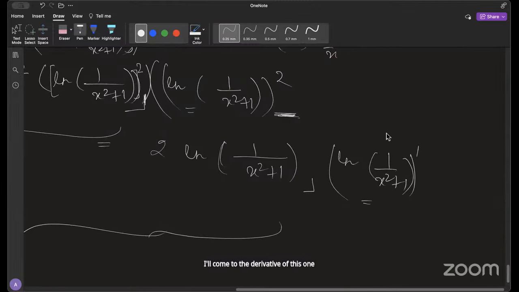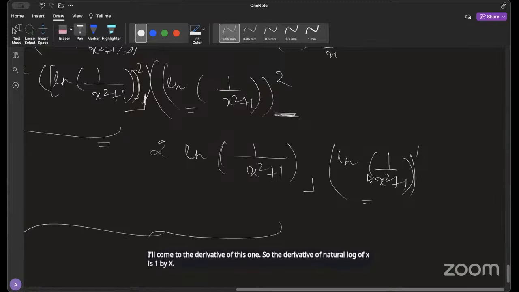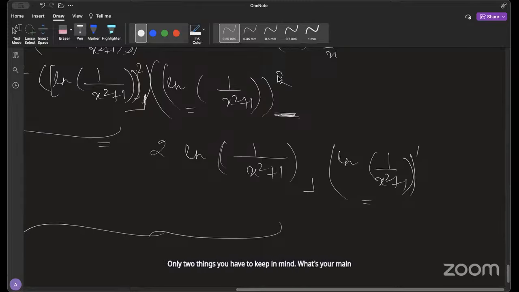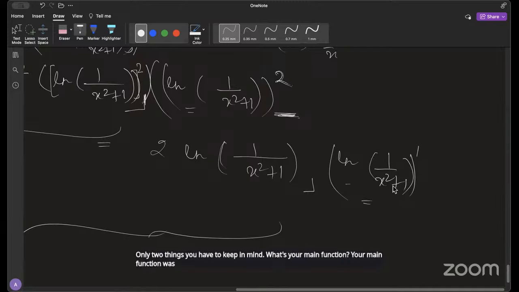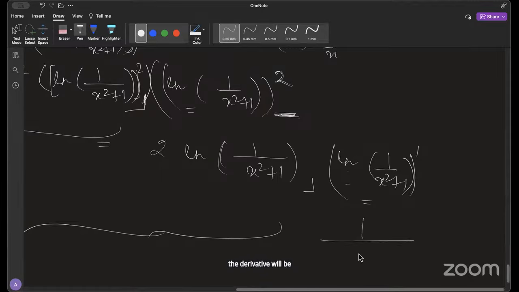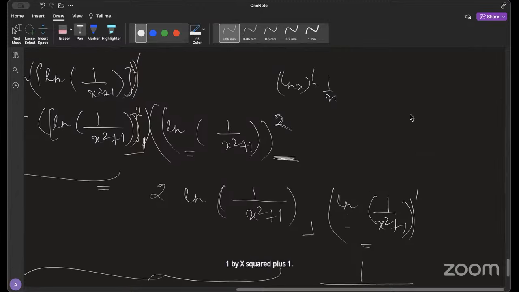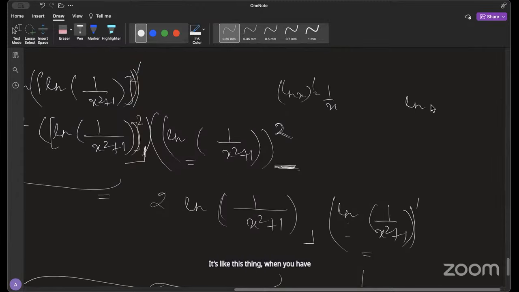The derivative of natural log of x is 1 by x. Only two things you have to keep in mind: what's your main function? Here your main function was the square function. Here your main function is natural log of x. So the derivative will be 1 by x square plus 1.